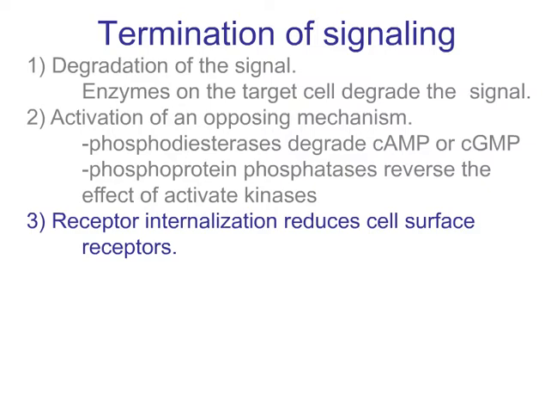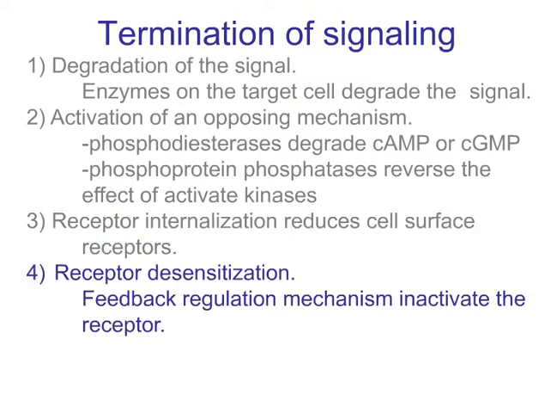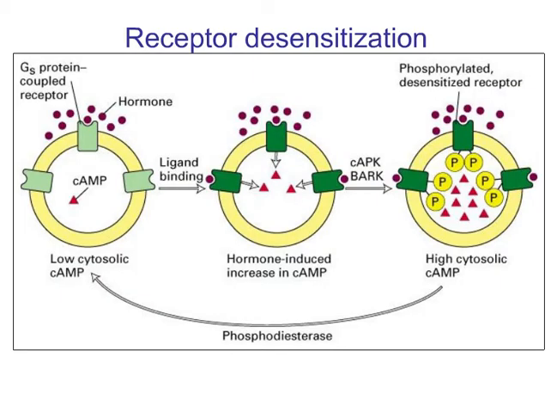Target cells may internalize the receptors to reduce their number at the cell surface and limit further signaling, or the receptors may be inactivated by a feedback regulatory mechanism that prevents the receptor from propagating a signal until the receptor has been reset to some basal state.